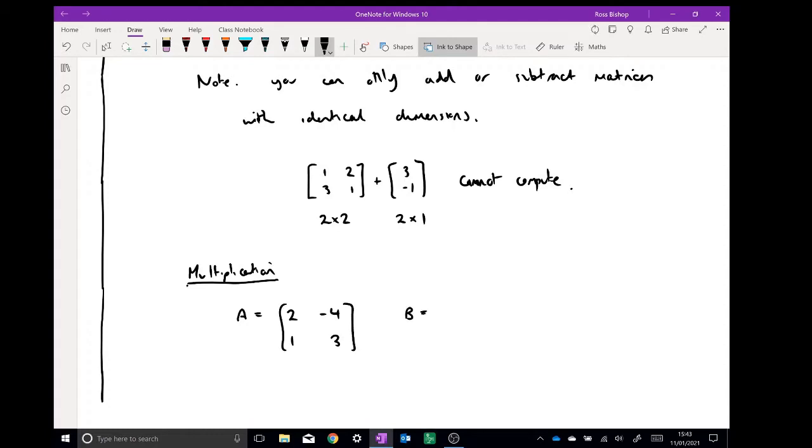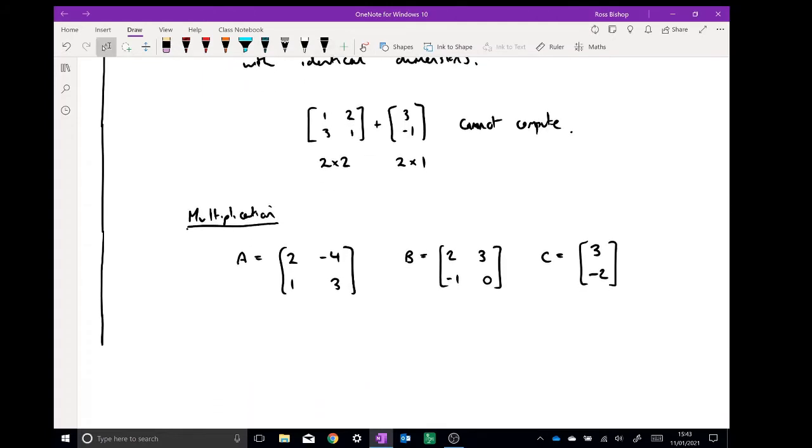Matrix B, let's call that 1, 2, 3, and let's call matrix C 3, maybe minus 2 there. I'll write the dimensions underneath: A is a 2 by 2, and this is a 2 by 1, because it's 2 rows, 1 column.